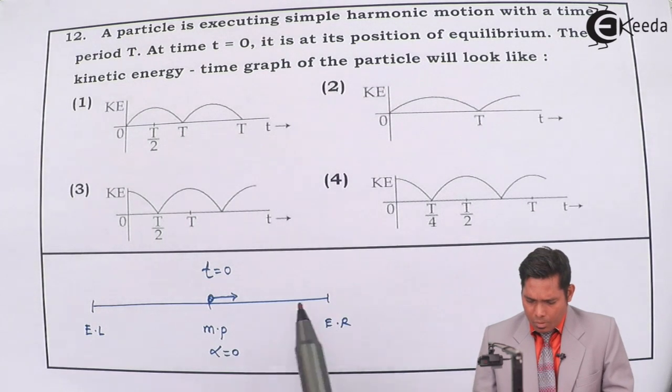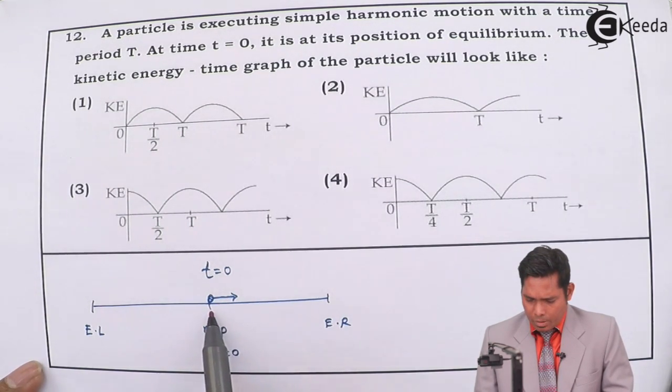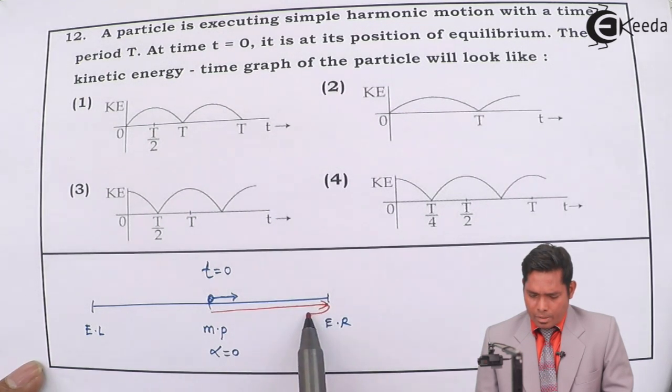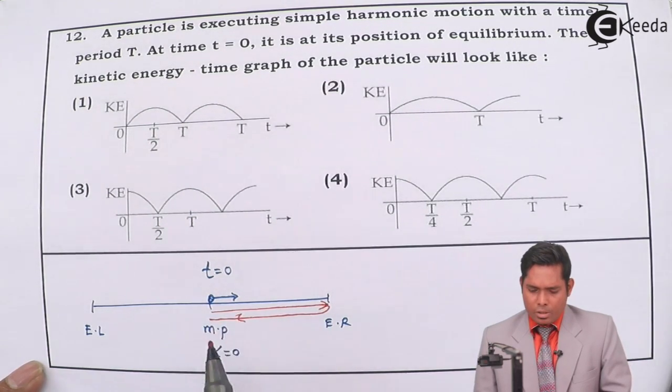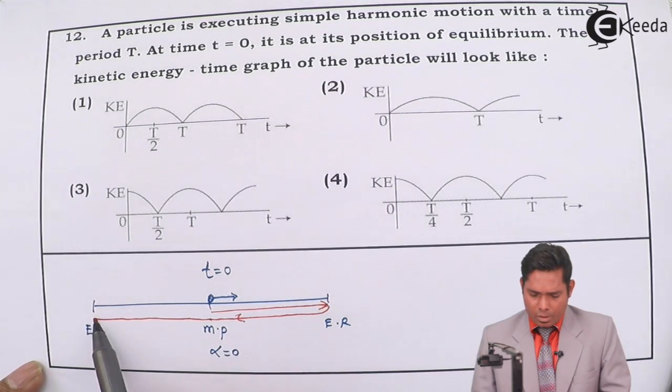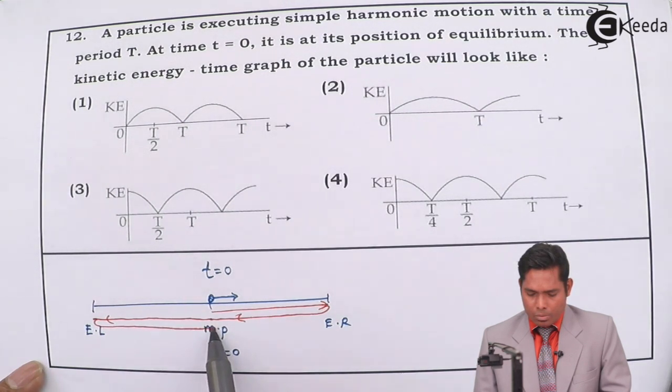Let me draw this. The body will first move from here to this point. Then it will come back to this point. Then go to the other side of the mean position. This is the extreme left position. From here it turns back and comes to this position. This is one time period.